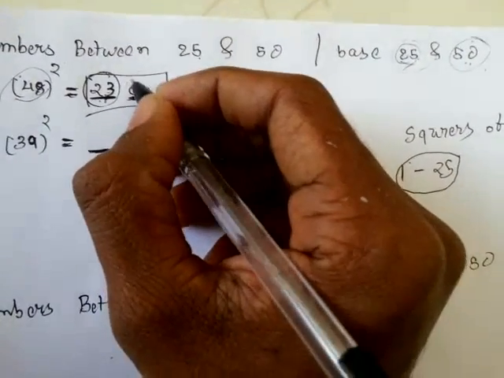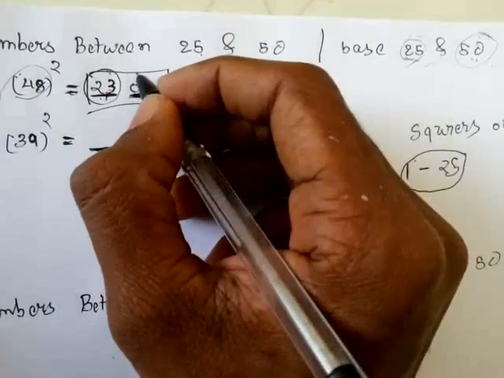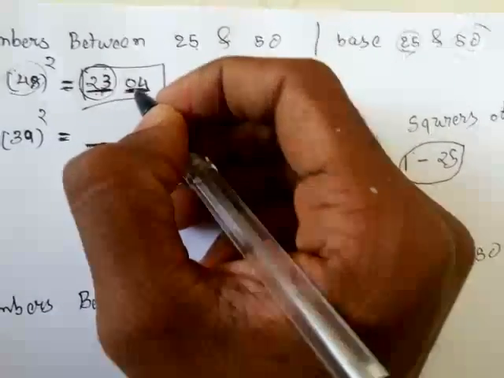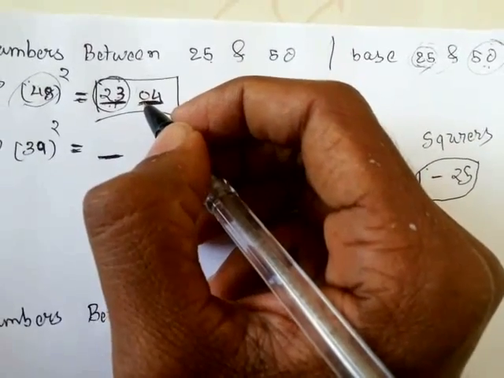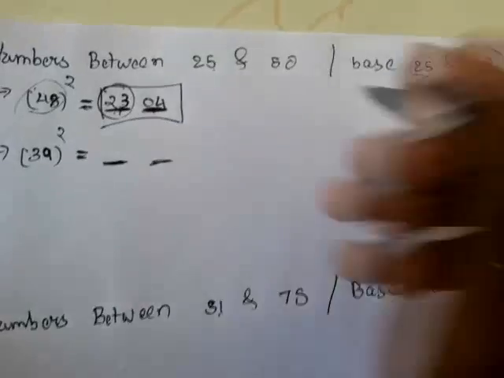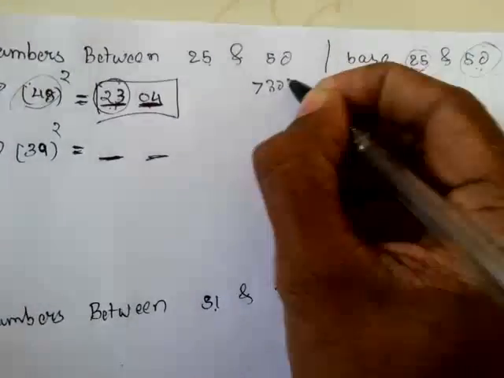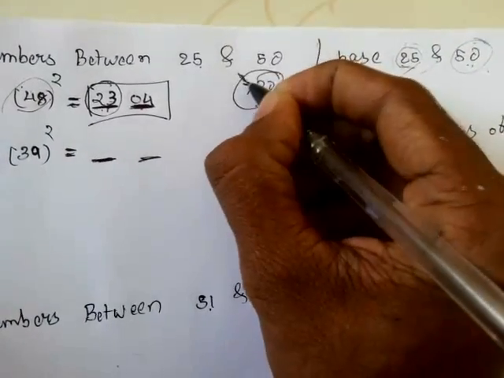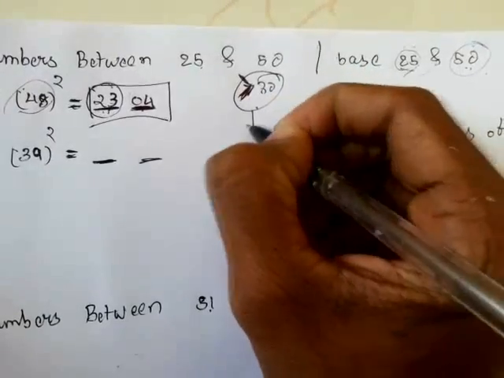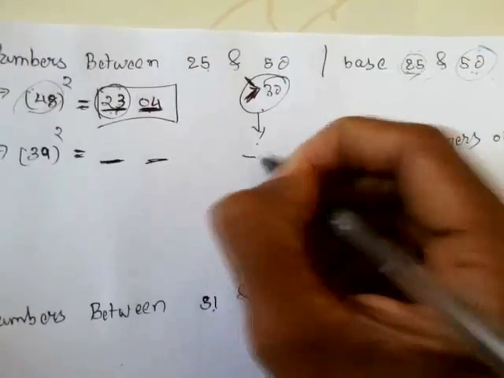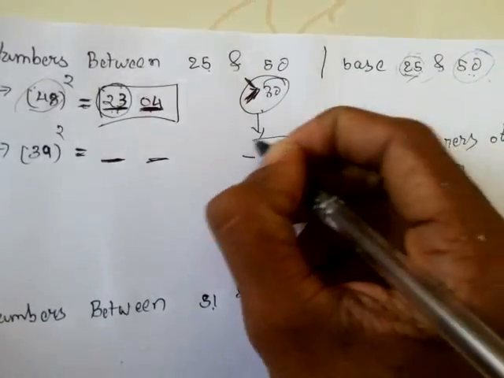Now you might wonder why I put 0 here instead of putting just 4. So remember always that squares of the numbers which are greater than 30 will always have 4 digits.